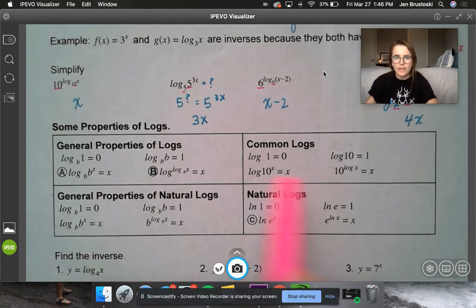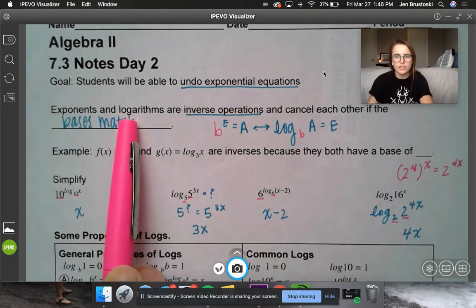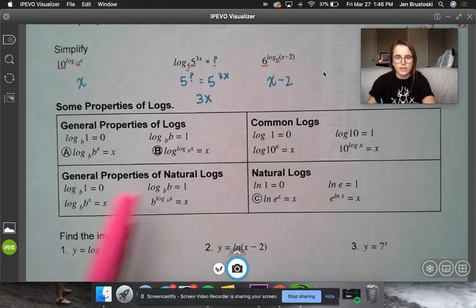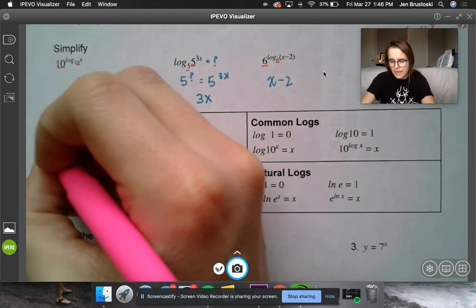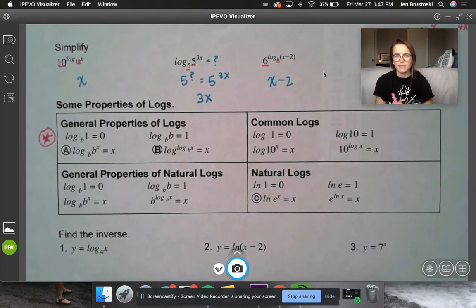All of these come from this rule up here, that if exponents and logs are inverse operations, they're going to cancel out if the bases match. So each and every one of these comes from that rule. These are nice to have if you want to make some shortcuts.